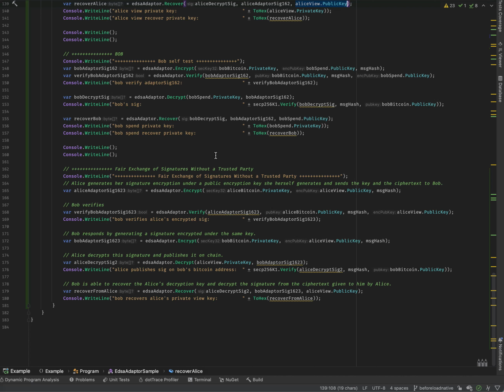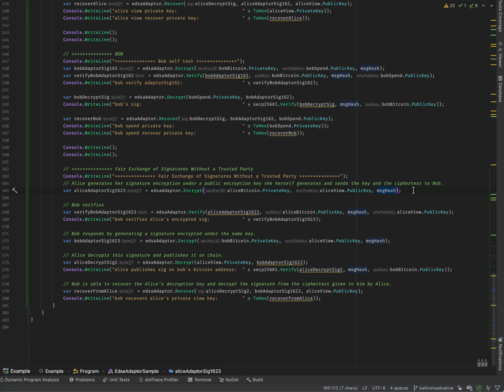So what happens in this exchange is that Alice moves first. She encrypts using her Bitcoin private key, and she uses a view key, a public encryption view key, and then just passes a hash that they're going to sign.